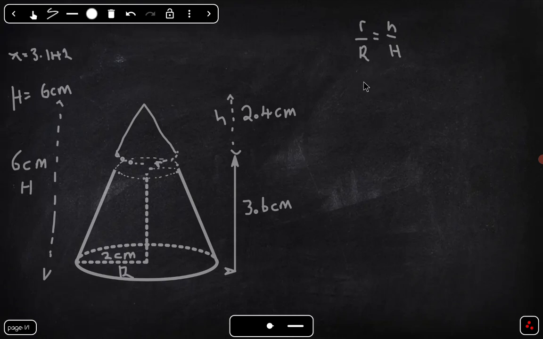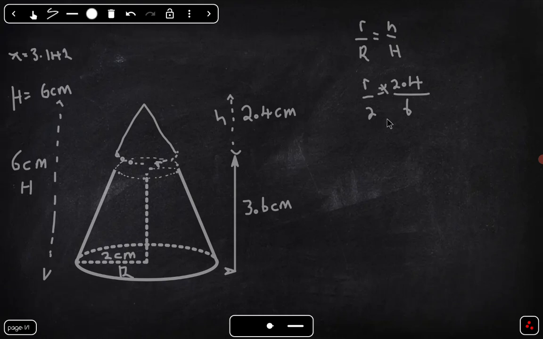So you just replace here: r over capital R, which is 2, equals small h, that is 2.4, over capital H, which is 6.